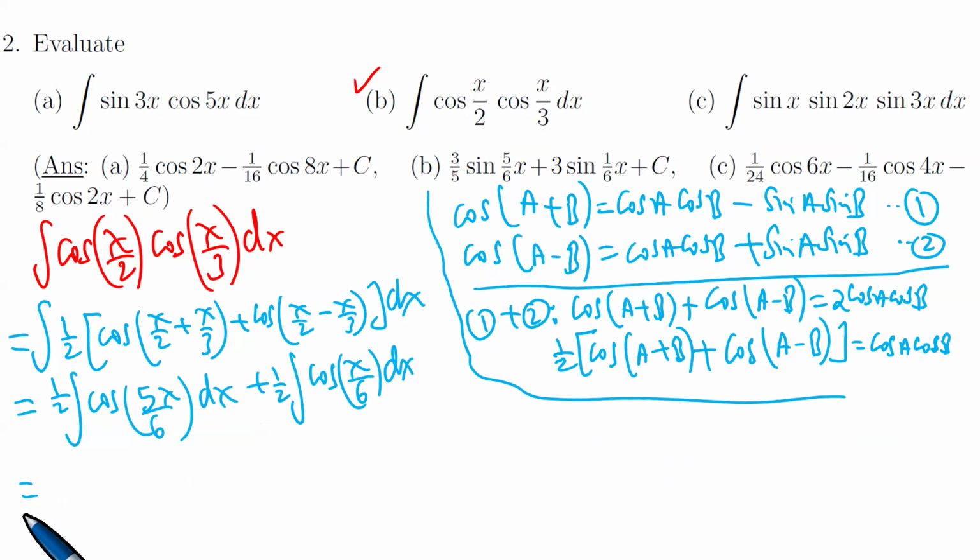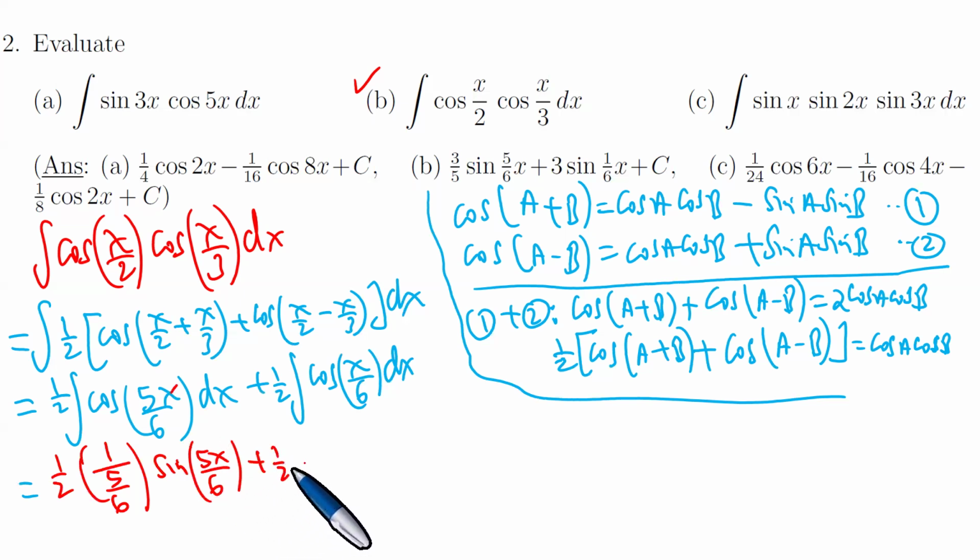Okay, we continue. So now we would have 1/2. If you integrate this one, the integral of the cosine is sine. But because of the coefficient of the x, you write 1 over 5 over 6, and then you write the sine of 5x over 6.